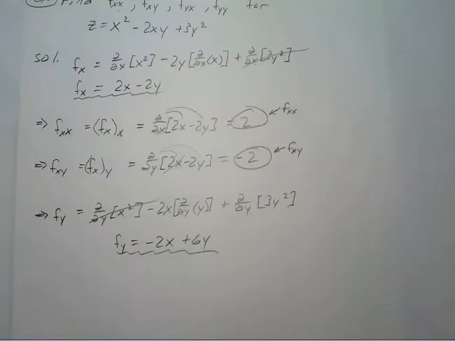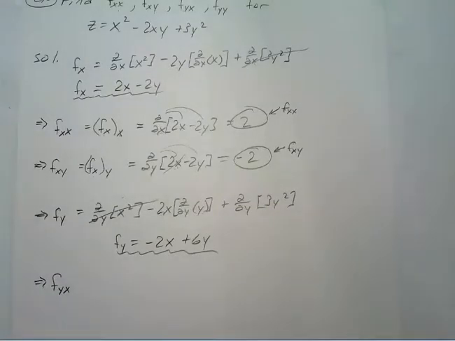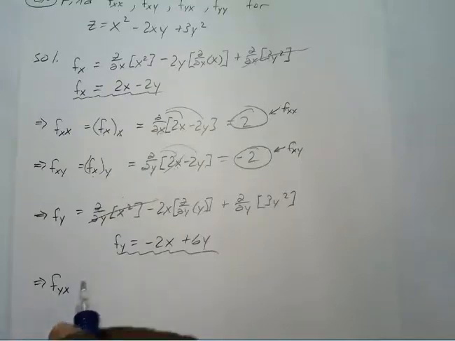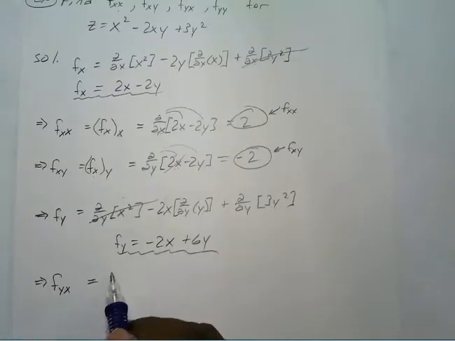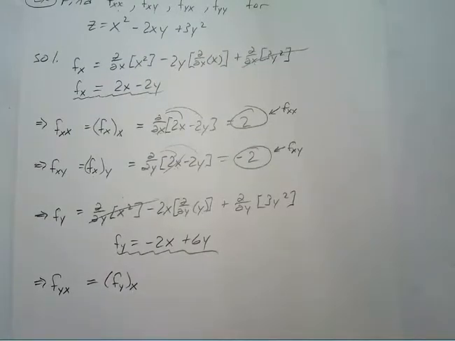Okay, so now we can find our partial with respect to y, then x. Remember, that's just the same as saying the partial with respect to y, and then that with respect to x.